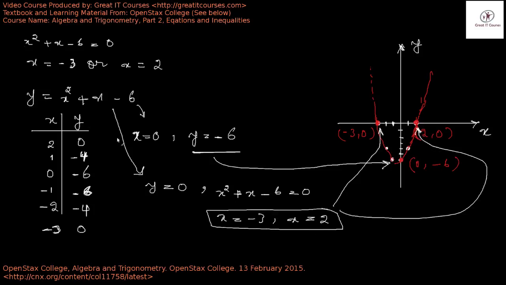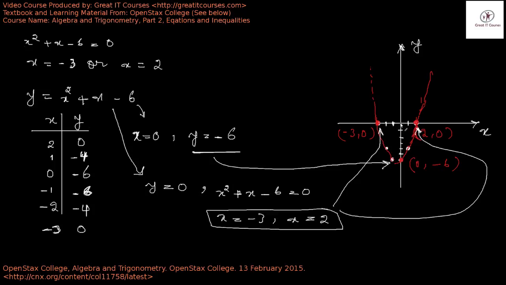And as you can see in this equation, what we do to find the roots of the equation are nothing but the x-intercepts over here. And the x-intercepts you find when you equate y is equal to 0.